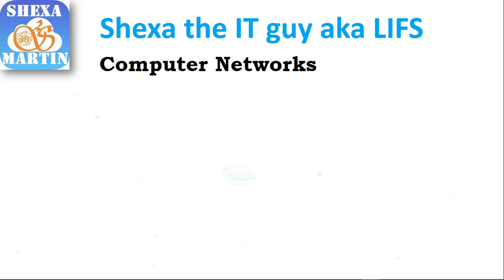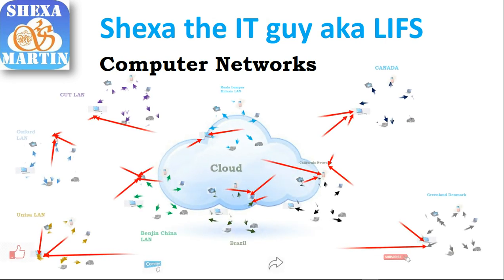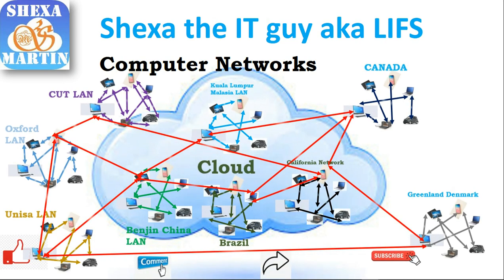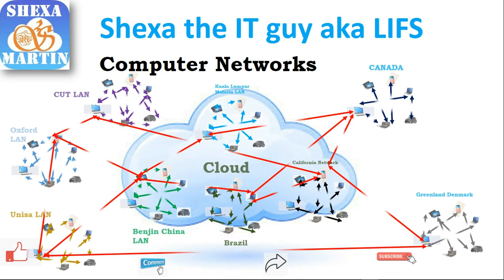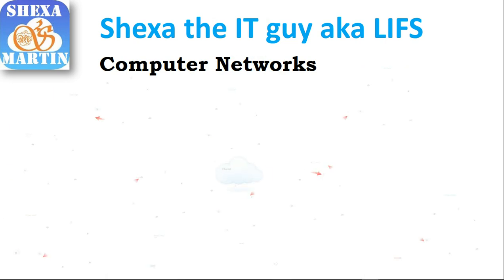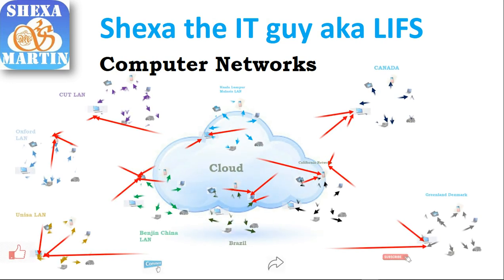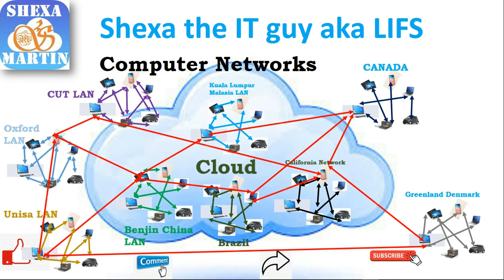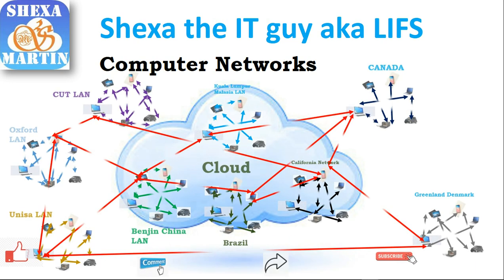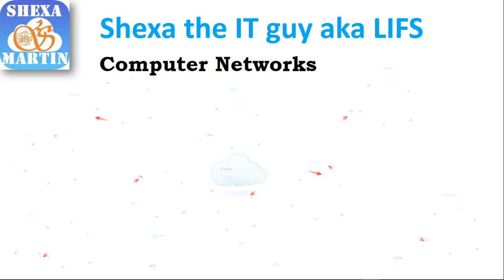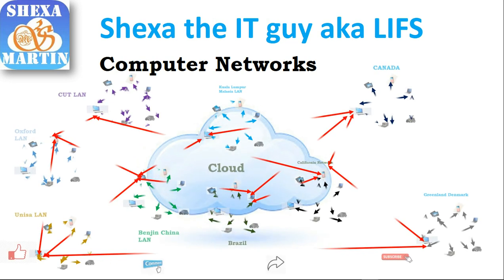For today, we've been looking at computer networks, and I've explained what a network is, what a local area network is, what a wide area network is, and the internet. And I think you now understand a computer network and the internet.